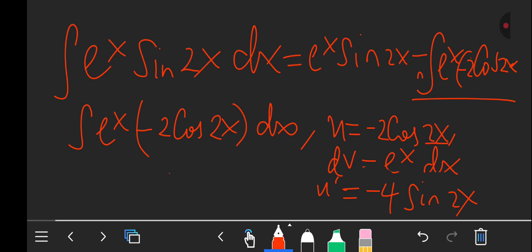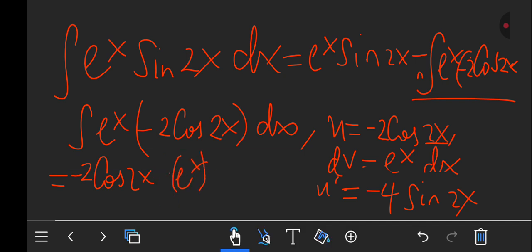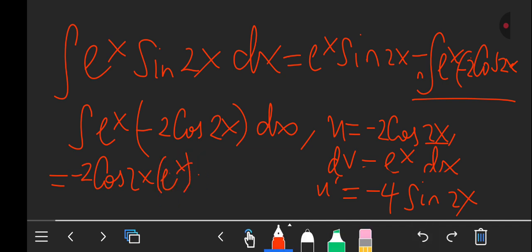Then I'll use my formula, which is u. My u is negative 2 cos 2x. Then my v is the integral of e to the power x, which gives me e to the power x again. Then I'll say minus integral of my v again.